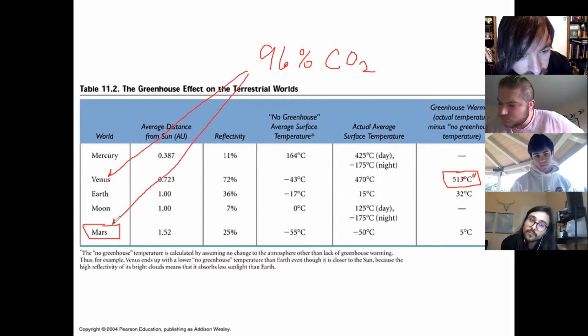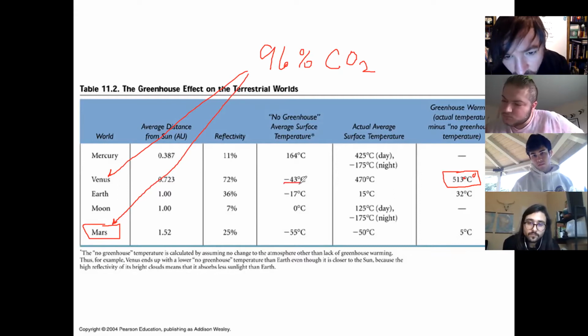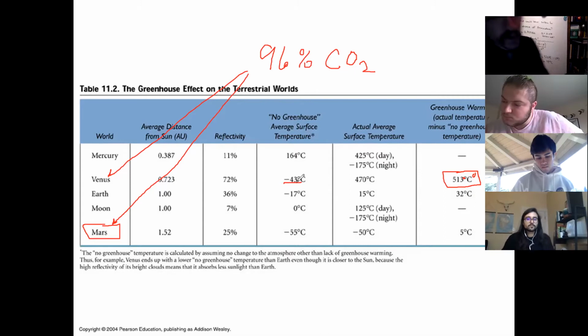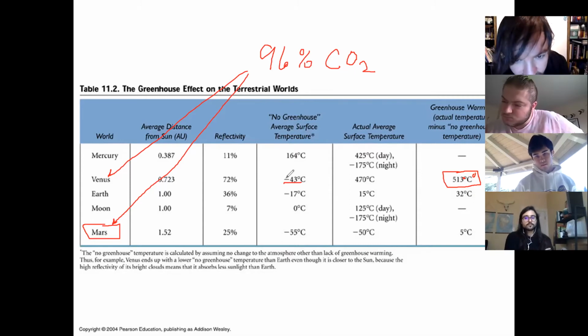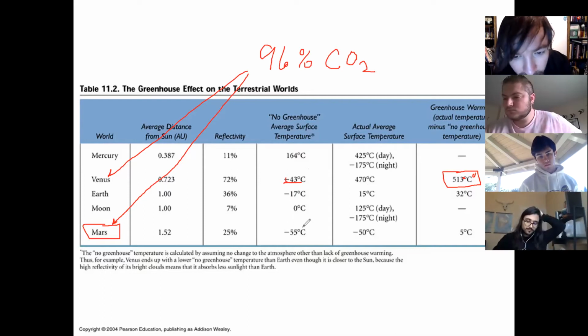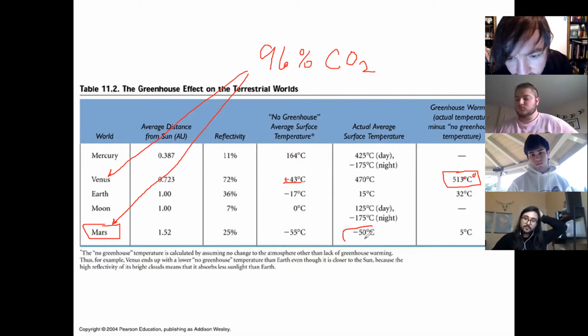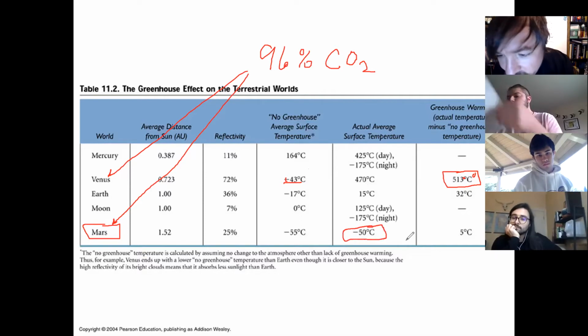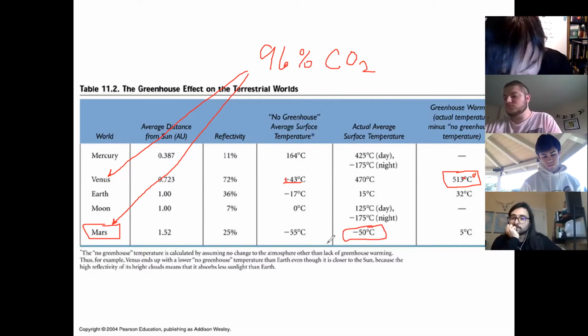Noah, I got a thought question for you. On Venus, we went from what should have been 40 degrees Celsius, and we had a net change of 500 Celsius degrees. Mars has an actual average surface temperature of negative 50 degrees Celsius. Whoosh, that's cold.